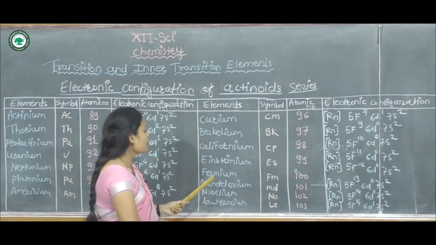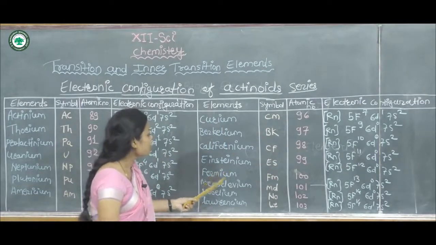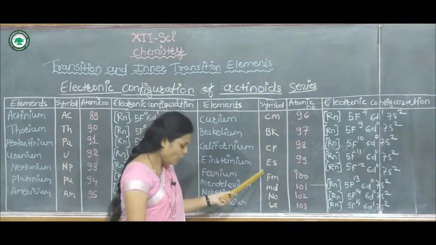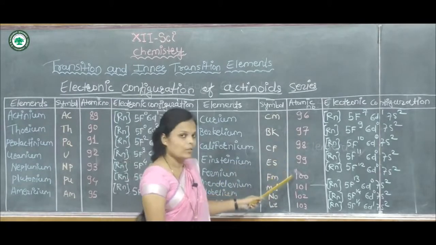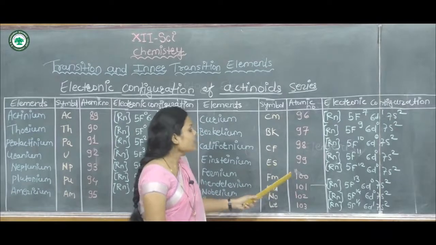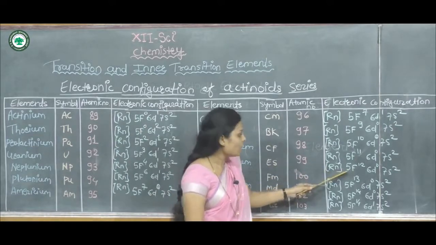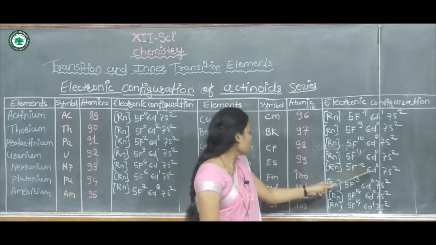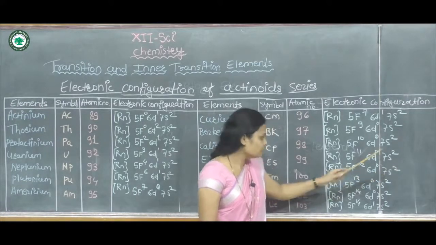Now the next element is fermium. The symbol of fermium is capital F, small m, and atomic number of fermium is 100. Its electronic configuration is 5f12, 6d0 and 7s2.